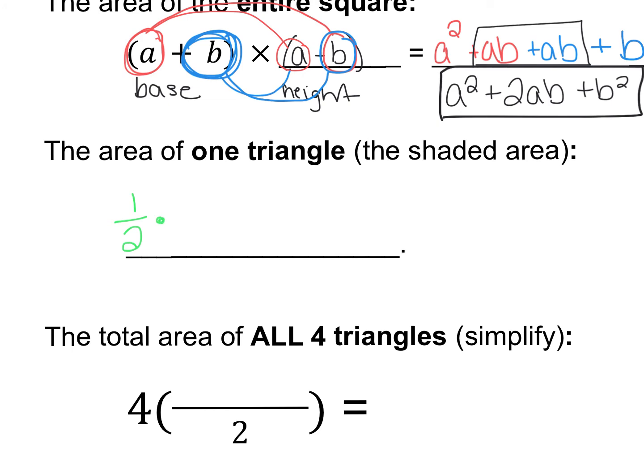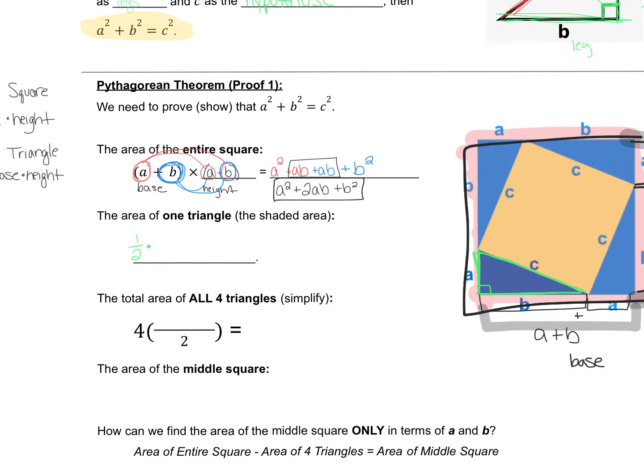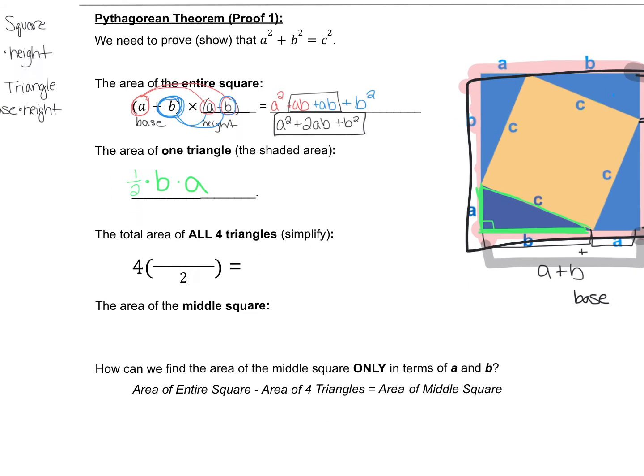I'm going to multiply it by my base. In this case, my base was B, because it's on the bottom, and my height, remember these are my two legs of a right triangle, is A, so I'm going to multiply it by A. So 1/2 B times A. If they're asking me for the area of one triangle, it's 1/2 B times A.